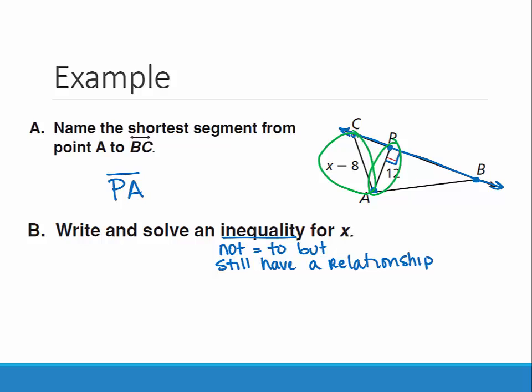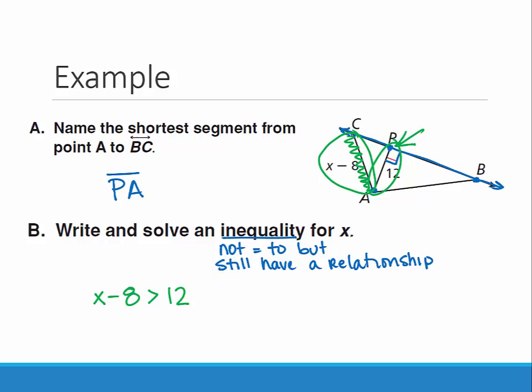Because we know they're not equal, because they're both not perpendicular, which one has to be bigger? Well, this one has to be bigger because we know the shortest is from P to A. So I know that x minus 8, whatever that is, has to be greater than 12.